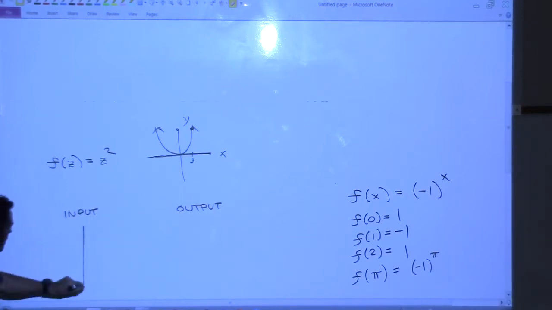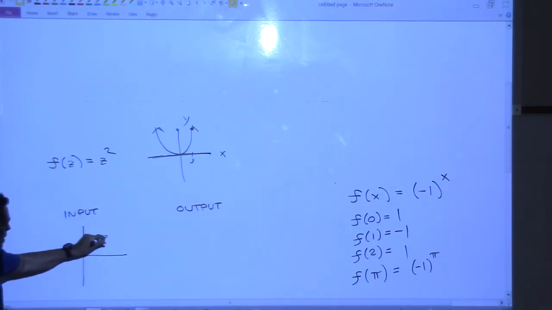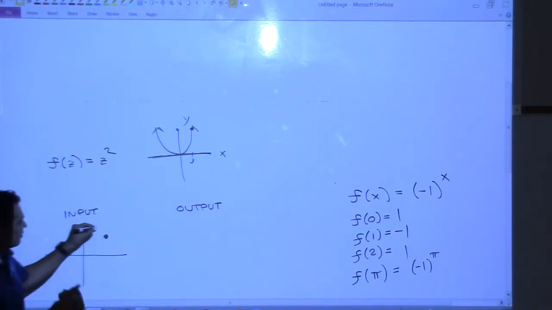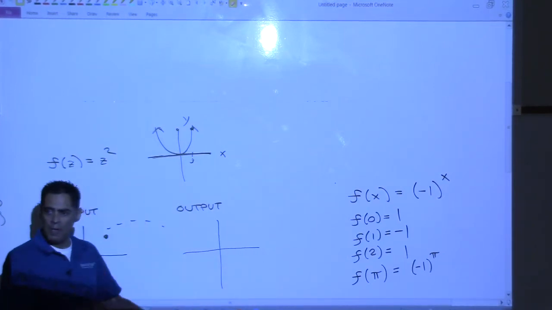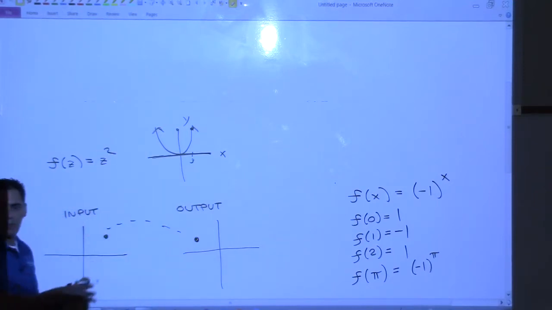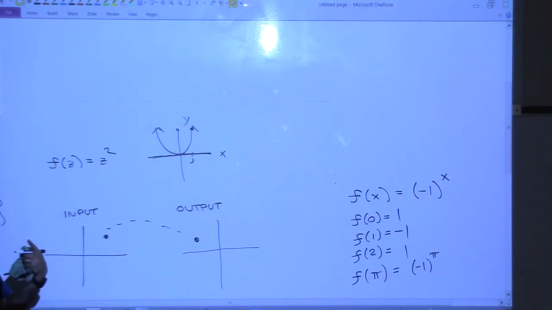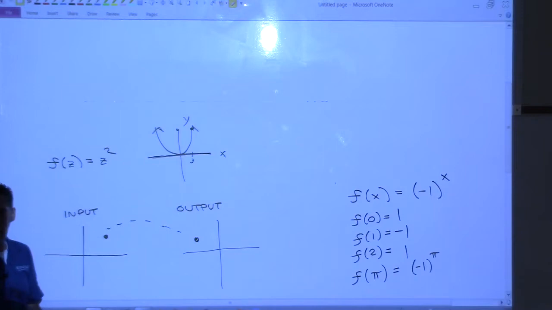So you have some complex number, some input. Boom, here it is. Then it gets sent through the function and gets dropped off somewhere in two-dimensional space again. After it gets squared, something happens to it. So if we want to visualize this function, I have to somehow combine this with this and put them together.